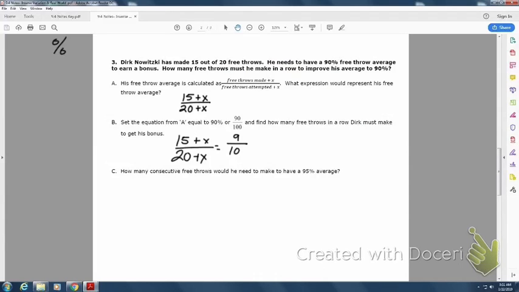Cross multiply. So 150 plus 10x equals 180 plus 9x. Subtract 9x, subtract 150, x equals 30.